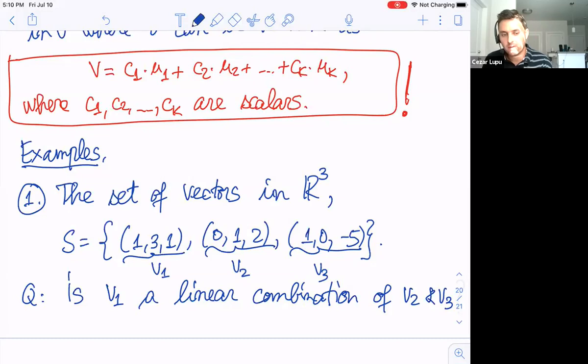What do you think? Do you think V1 is a linear combination of V2 and V3? Do you think you can find some scalars?